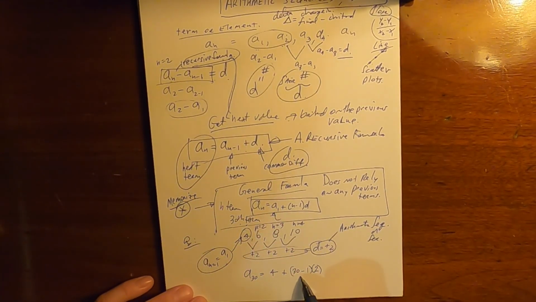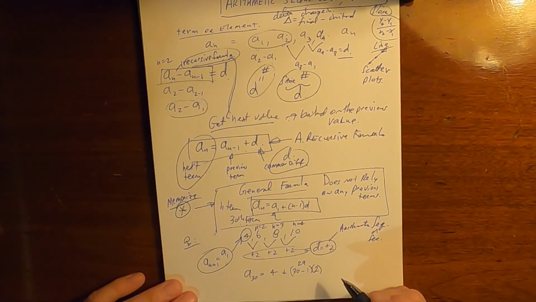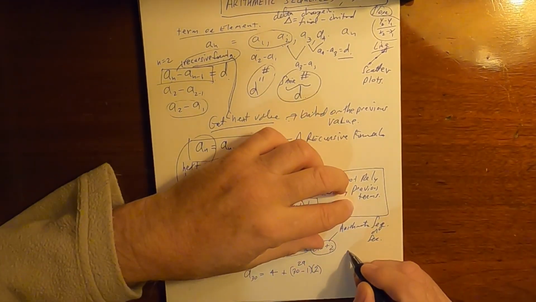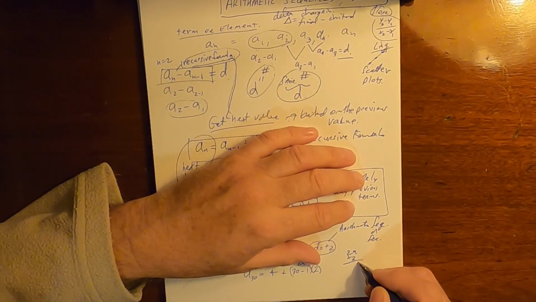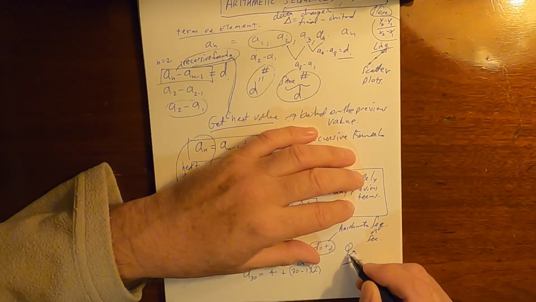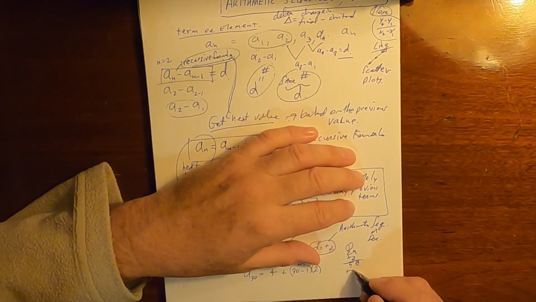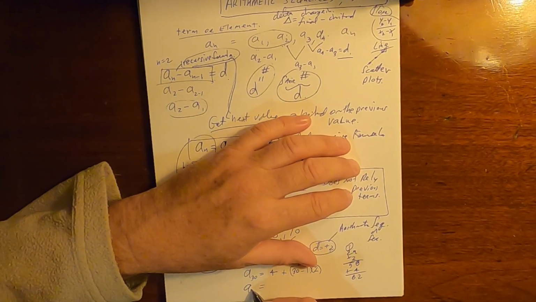So I would have 30 minus 1, 29, and 29 times 2. 2 times 9 is 18, 2 times 2 is 4, 5, 58, plus 4 is 62. So the 30th term, a_30, would be 62.